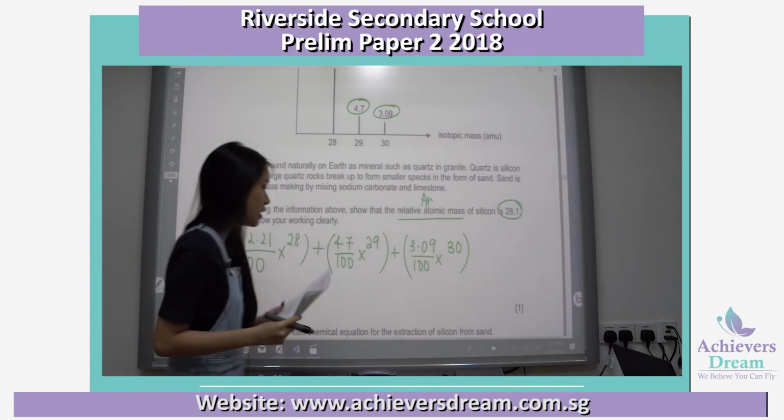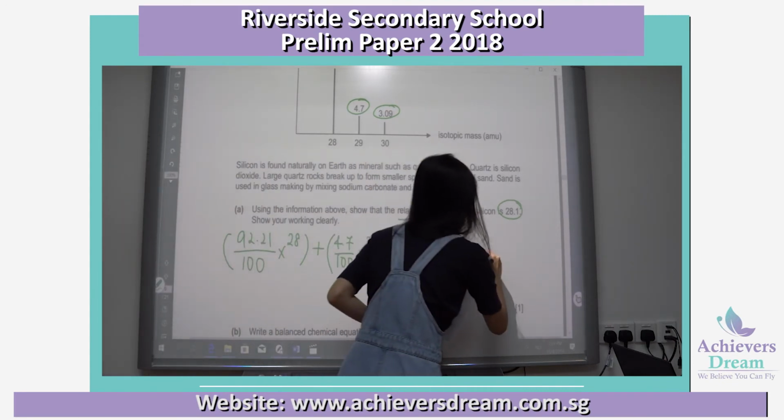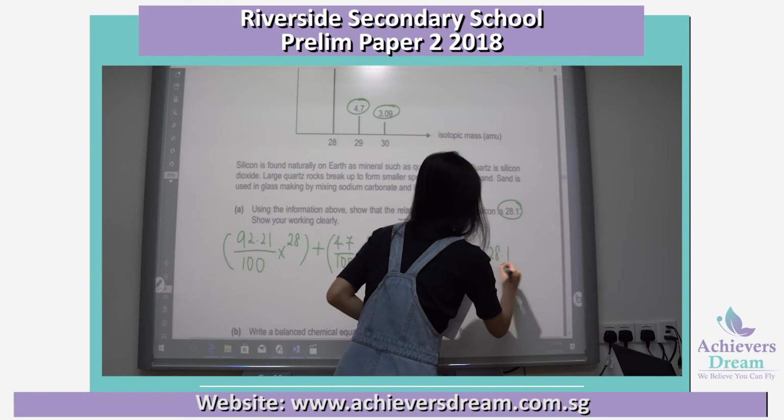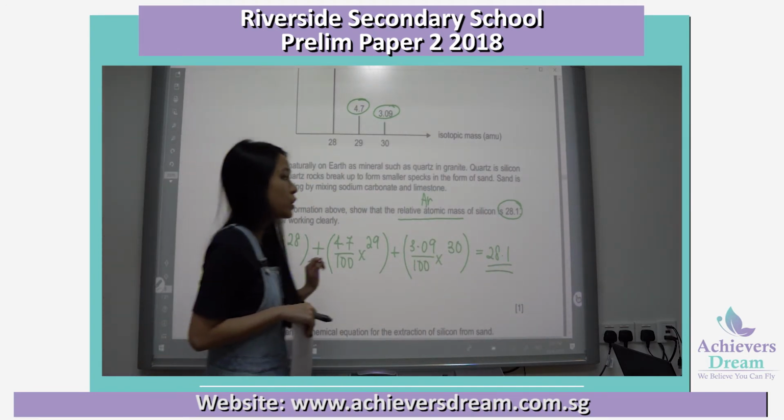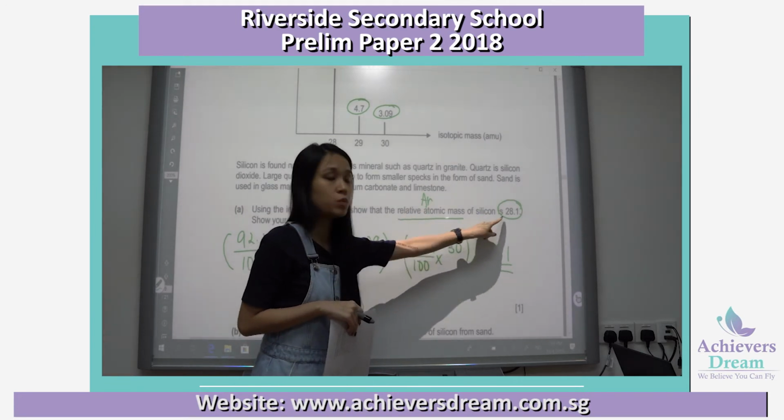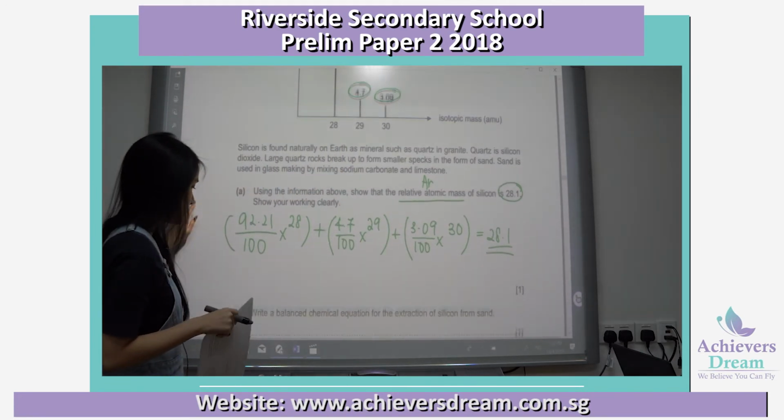If you calculate everything together, it will give us 28.1. So this is how we show the working of how we concluded to get the Ar of silicon, which is 28.1.